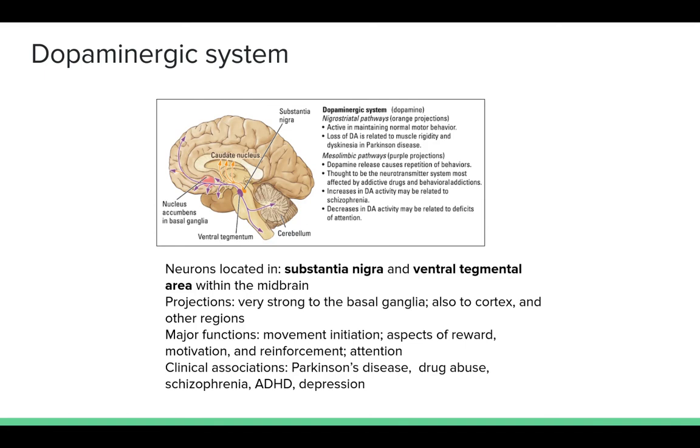And it's that activation of dopamine in those basal ganglia centers that seems to have a lot to do with the addictive and reinforcing properties of drugs of abuse. And we also know that dopamine has an involvement in schizophrenia, ADHD, and depression. In fact, one of the reasons we know this is that many of the drugs that treat these conditions act, at least in part, on the dopamine system.